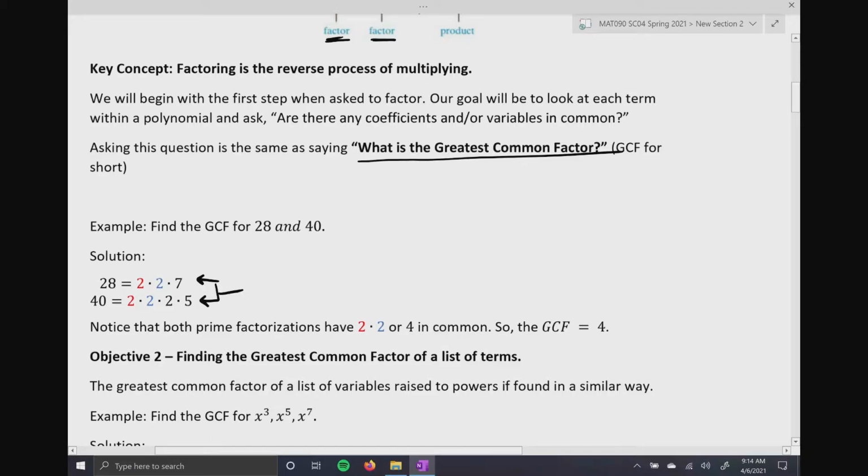And it's exactly what it is. Okay? So if I wanted you to find the GCF for 2 numbers, 28 and 40, the first thing you're going to want to do is think about, okay, what's the prime factorization?